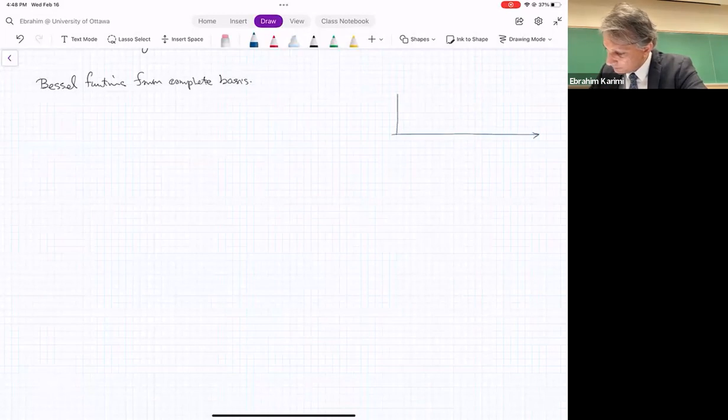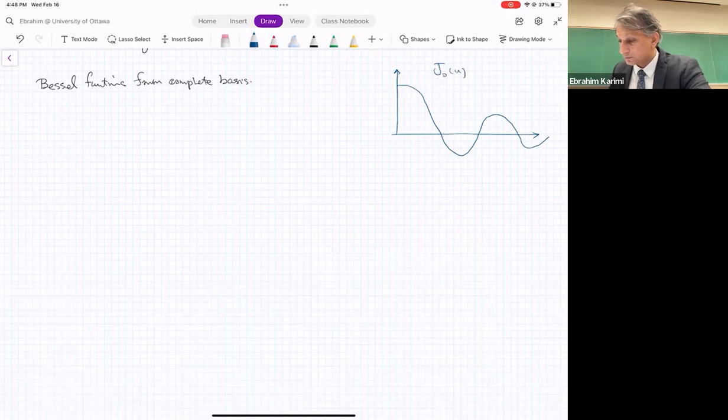One surprising thing with the Bessel function is the area in cylindrical coordinates. If you remember, that was the Bessel function J0 of u. It has zero points, as we discussed.